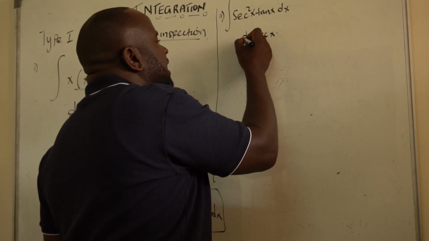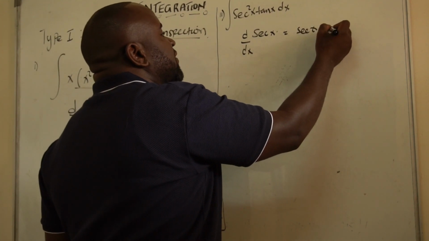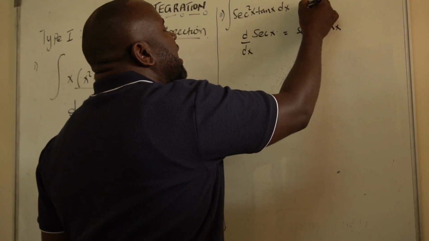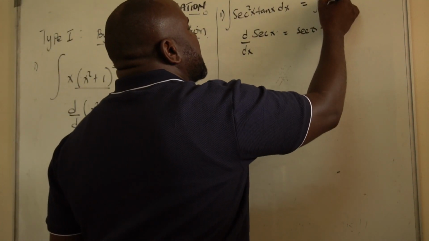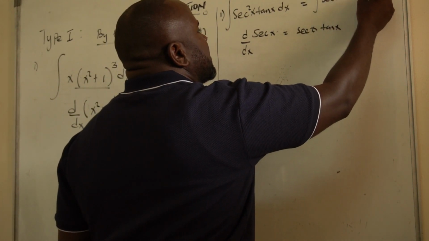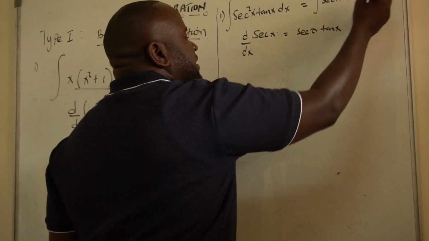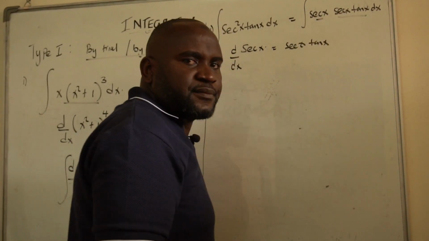The derivative of sec x is actually sec x tan x. So someone can be in a position to say the following: by thinking outside the box, I can introduce this as sec x tan x dx, so that this is the derivative of that one.